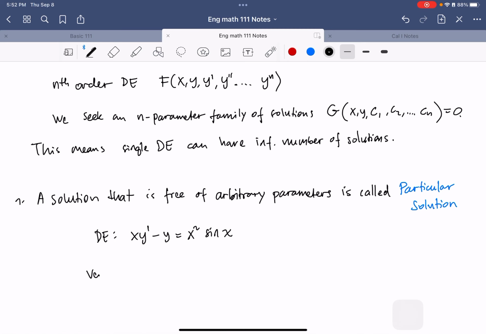Now we can verify that y equals cx minus x cos x is an explicit solution of the DE. Okay, this is an example, just to illustrate.